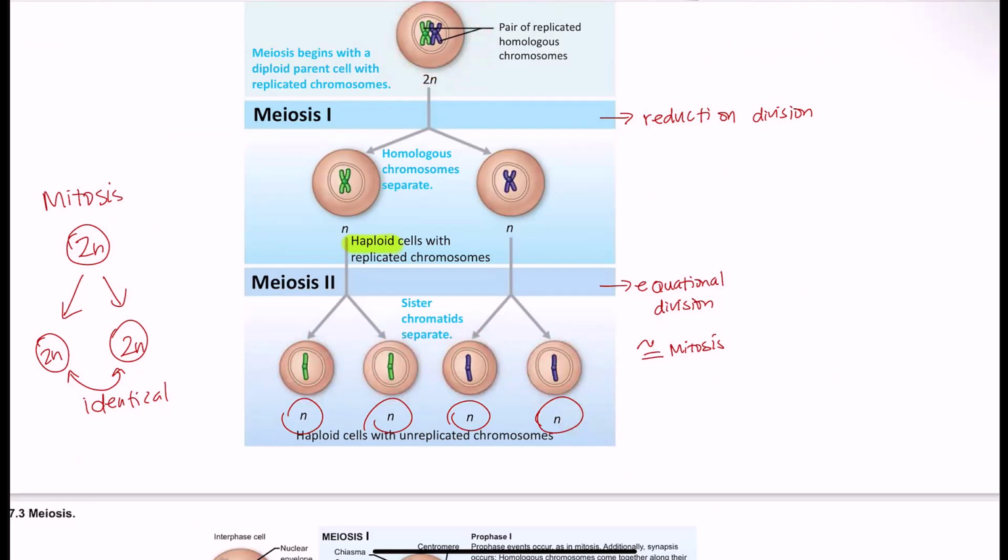The other thing is that these cells, these gametes, are genetically different, slightly different. Still containing all the same things that we need, all the right genes, but those traits that they carry are ever so slightly different.